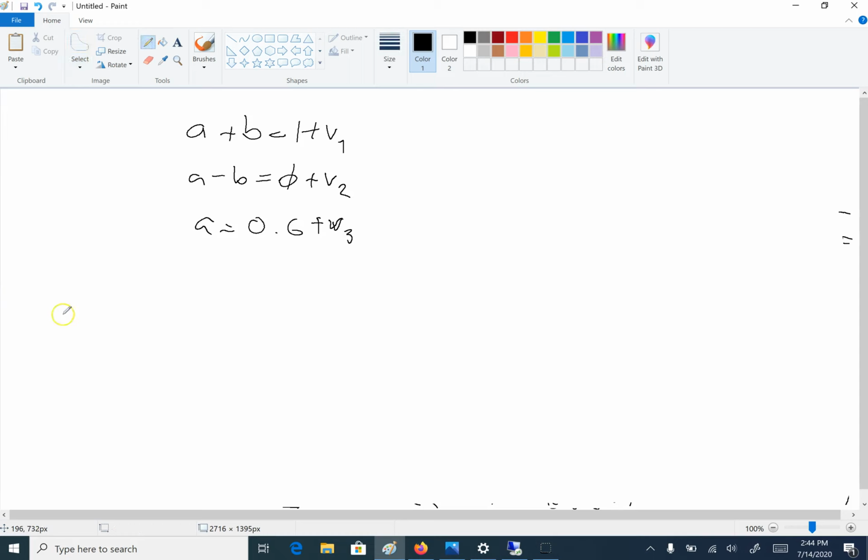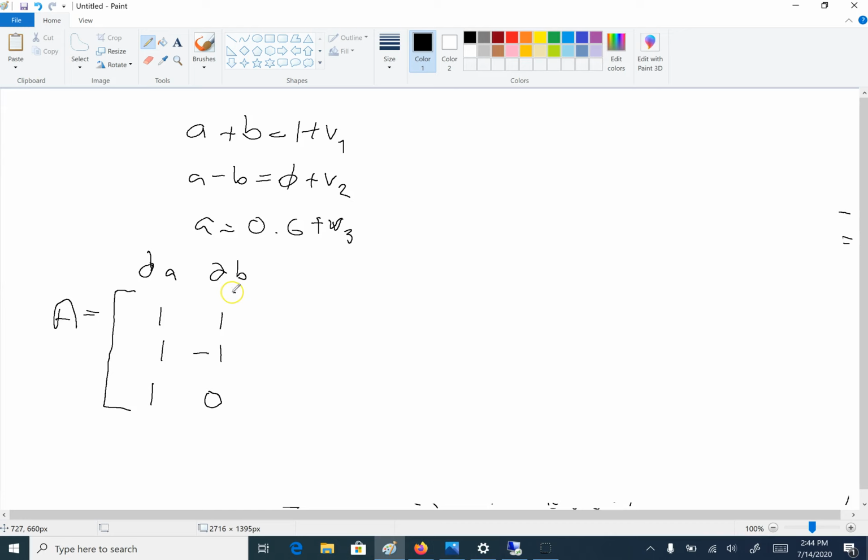Our A matrix is going to be the partial with respect to the unknowns, the partial with respect to A and the partial with respect to B. So it's 1, 1, 1, minus 1, and 1 and 0.